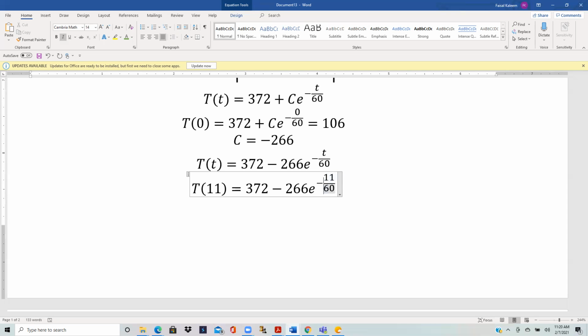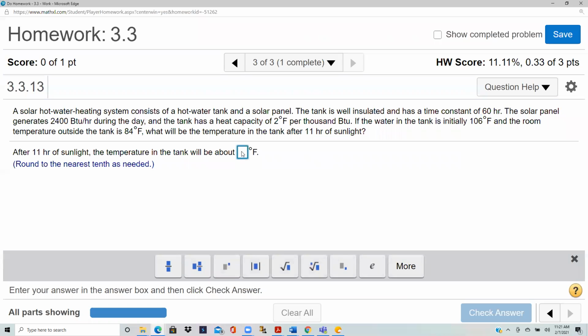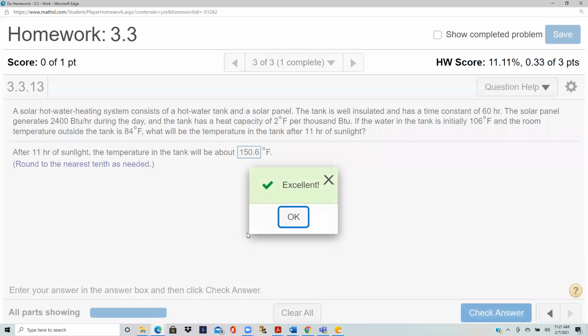That's 150.56. Rounded to the nearest tenth, 150.6. Okay, so that finishes section 3.3.